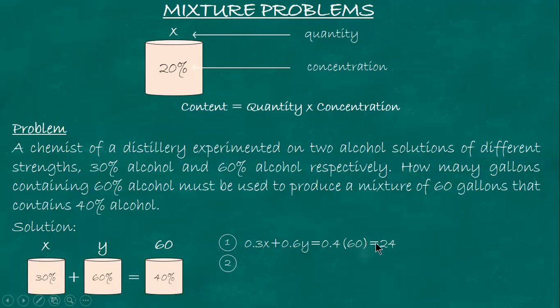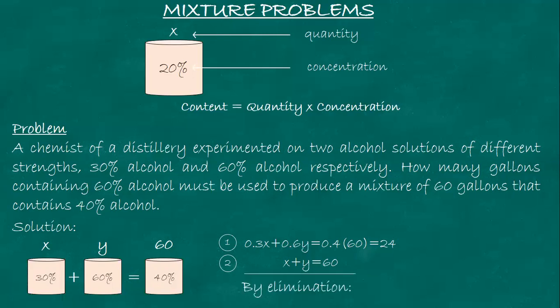That's equation 1. Equation 2 is the quantity: the total is 60. So you now have two equations with two unknowns, and you can use any method: substitution, comparison, or elimination.